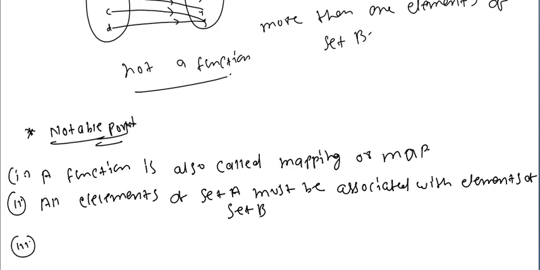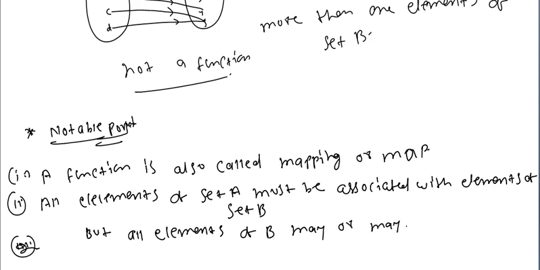And the third point has a condition, just write the condition: but all elements of B may or may not be associated with elements of set A.